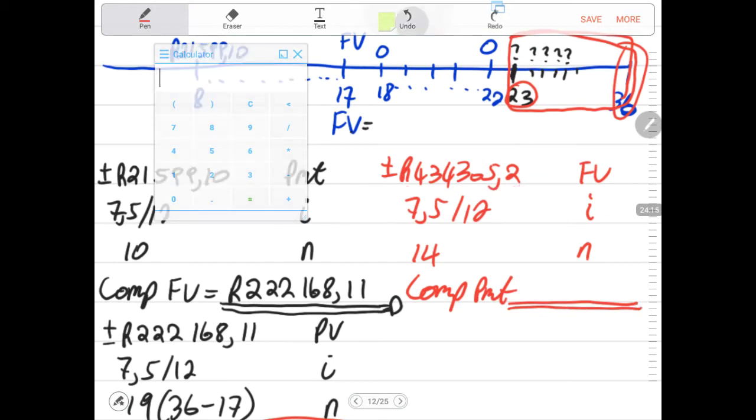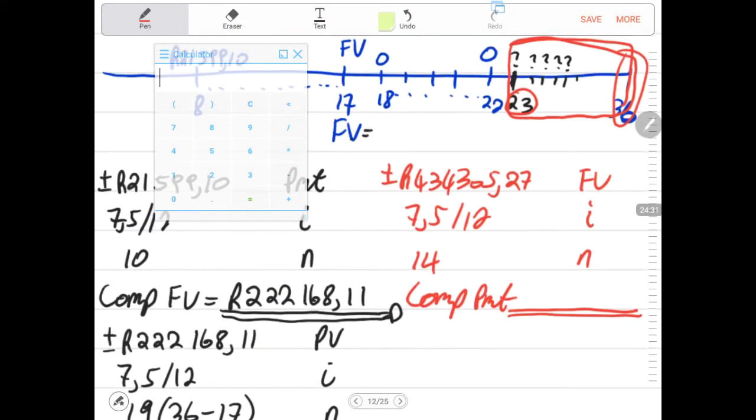Then we go again to our calculator. We say second function alpha 00 to clear the memory. Plus minus 434,305.27 is our future value.